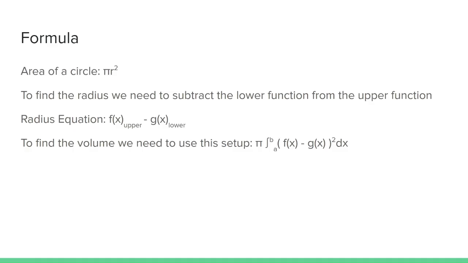To find the volume, though, we need to integrate it and use the setup of pi times the integral from a to b of f of x minus g of x squared dx. That squared comes from the radius squared.